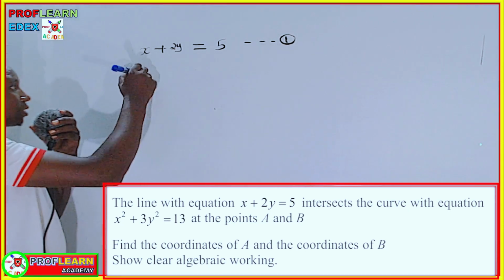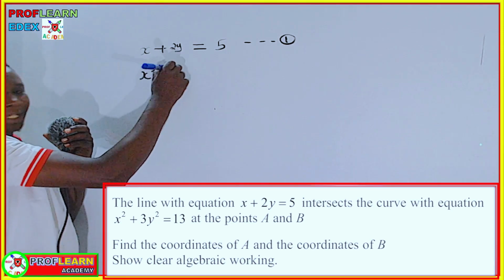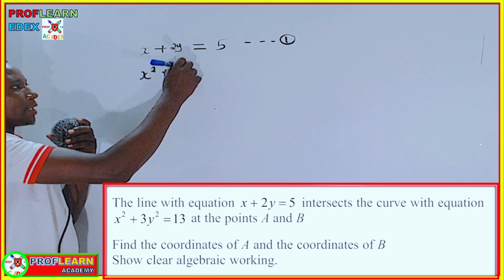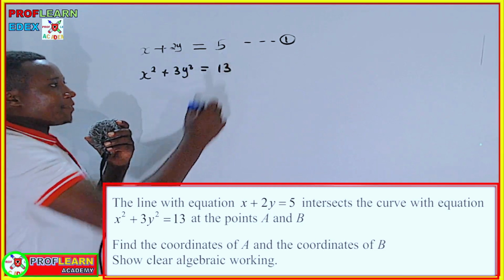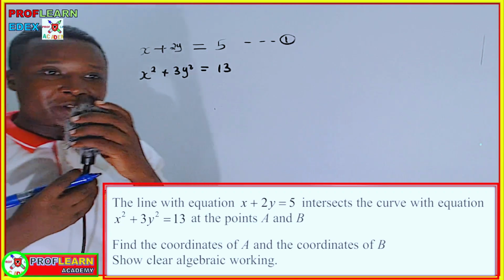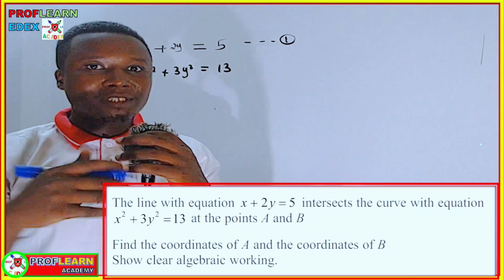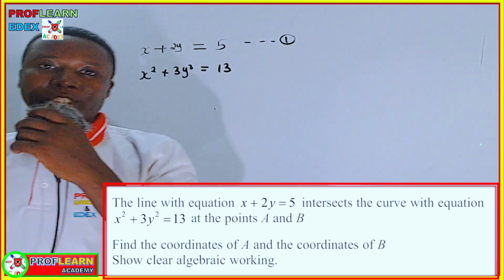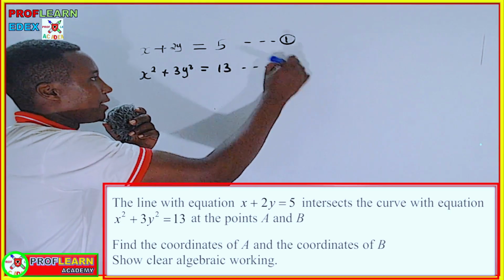The second equation that we're given is x squared plus 3y squared equals 13, and then we are supposed to find the coordinates of A and B. What we're doing here is working out the value of x and the corresponding value of y. So this is our equation number 2.